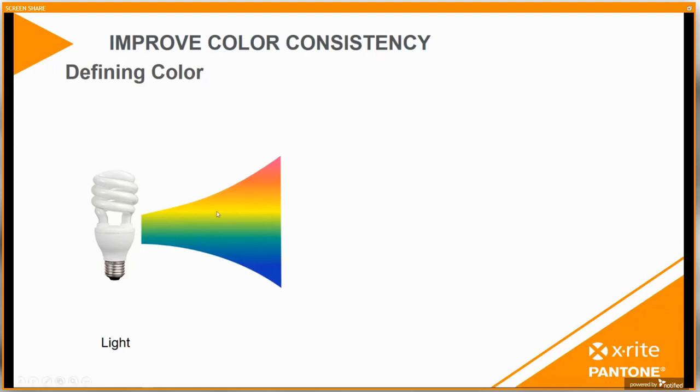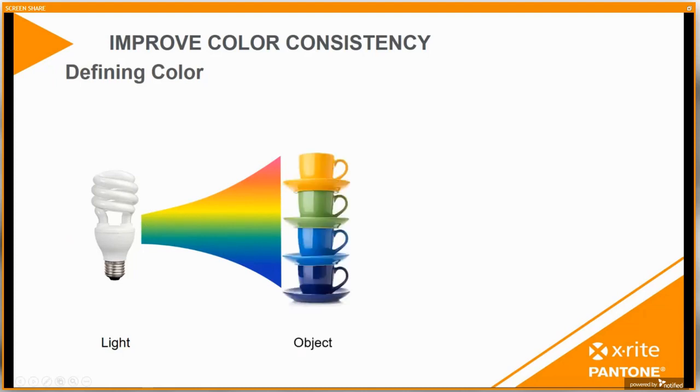But the light itself is not color because the light has to interact with an object. While the light contains all the colors, the object is essentially a filter. In my stack of coffee cups here, the yellow cup looks yellow because it's filtering out the blue and the green and the red light, and it's not filtering out the yellow light. Likewise, the blue cup is filtering out the yellow light, but it's reflecting the blue light. So objects are filters interacting with the light.